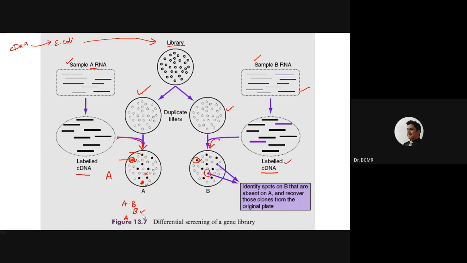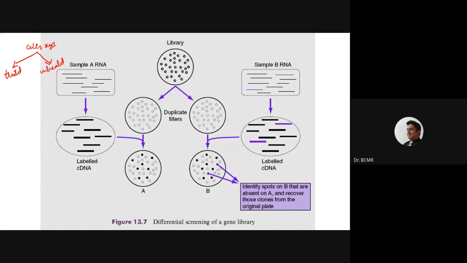People use these kinds of differential screening for several purposes. For example, people take the same type of cells, say XYZ, and divide them into two partitions. One is treated with a compound, and the other is untreated.